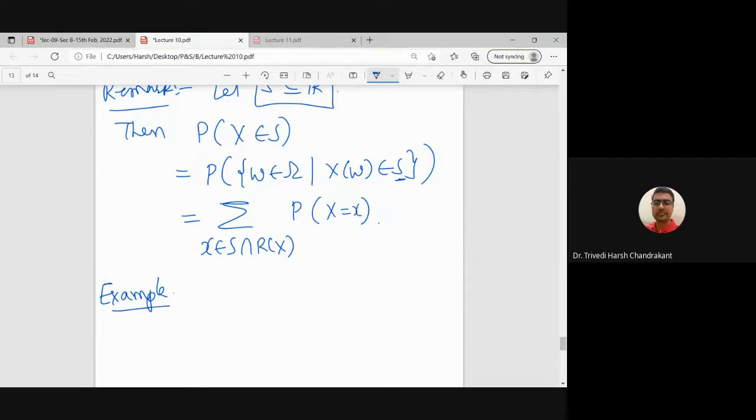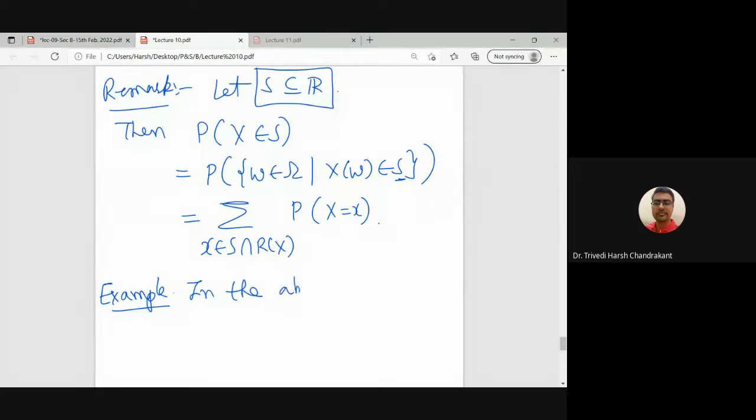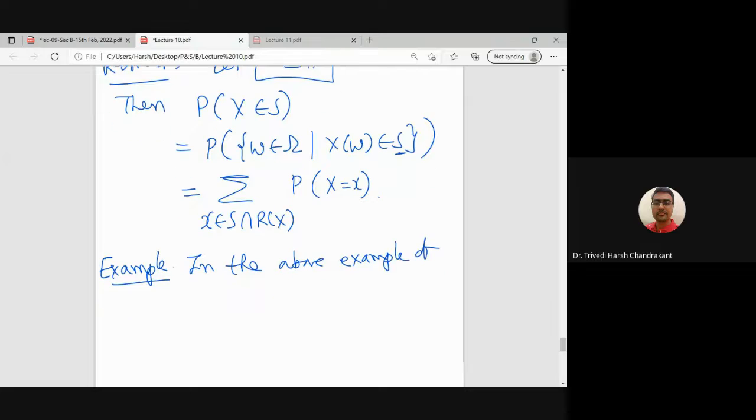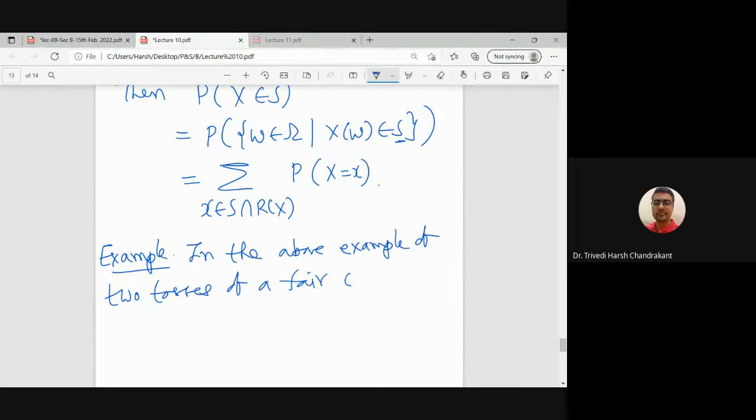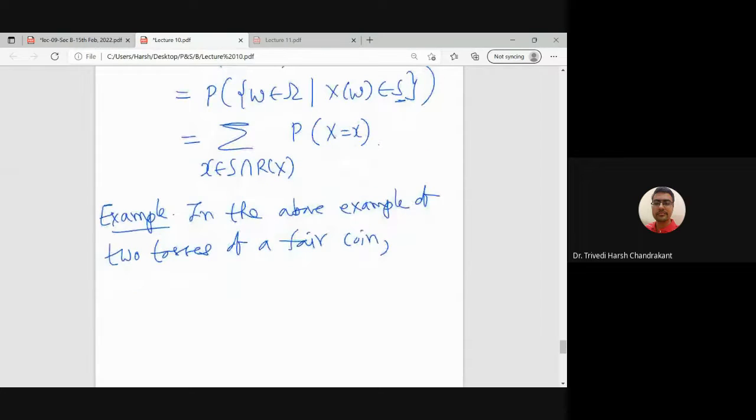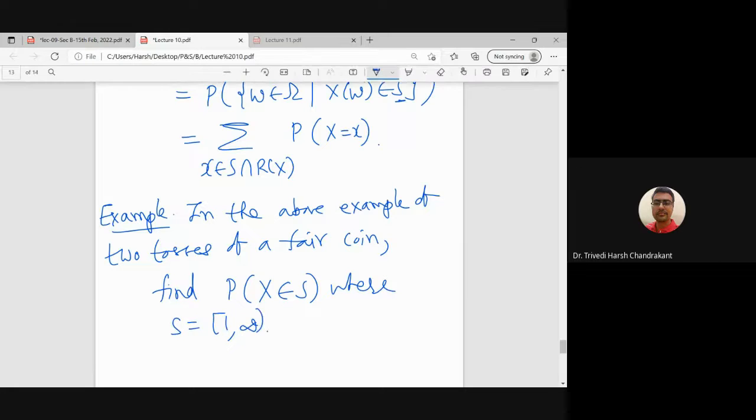In the above example of two tosses of a fair coin, in that experiment, what is the probability of, so find probability of X belongs to S, where S is the set 1 to infinity. S is the set 1 to infinity.